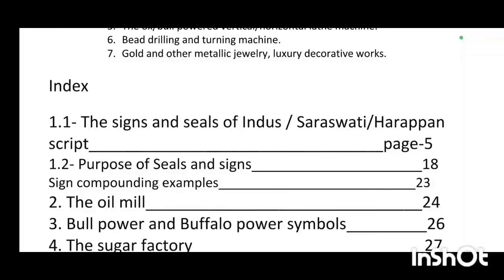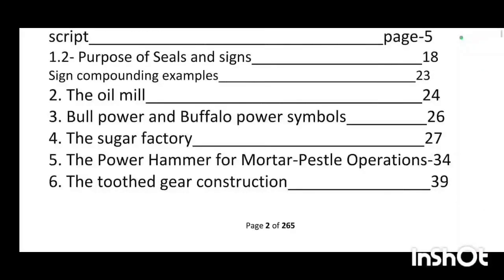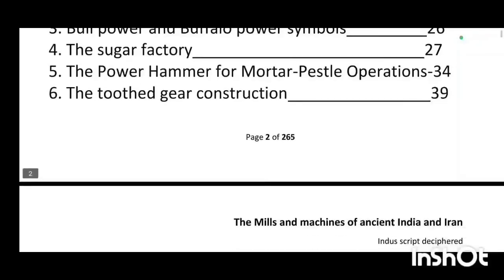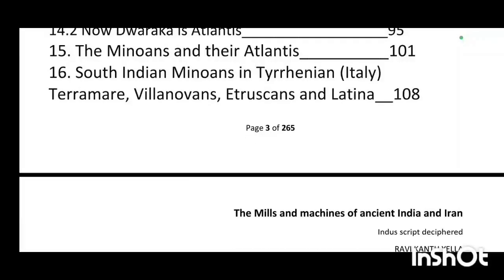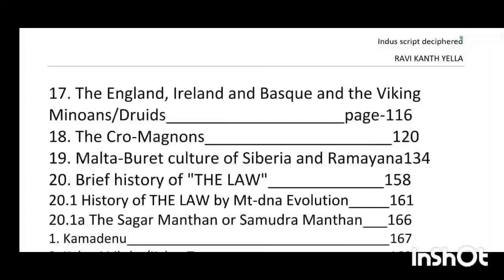After the introduction comes the index of 23 chapters, in which I have briefly discussed my findings on symbols and signs, seals, artifacts, brick structures, everything: what kind of machinery is represented by which symbol, which caste these merchants belong to, how I have come to that particular decision, and so on.